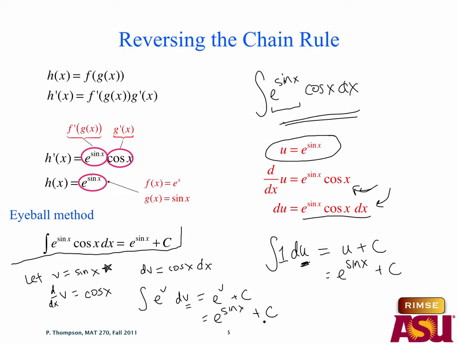Okay, so this is the method. It's called u substitution. If that confuses you, eyeball it, okay? And keep eyeballing it until you find a function whose derivative gives you the thing that you started with. Yeah?